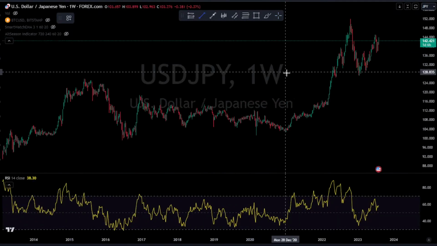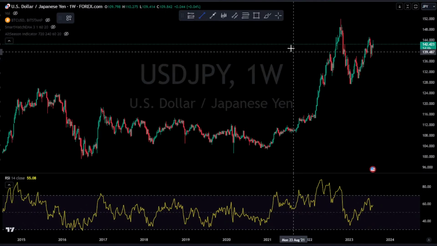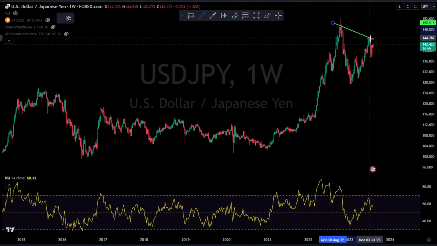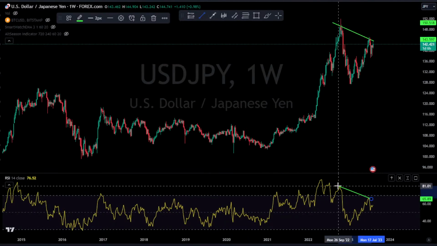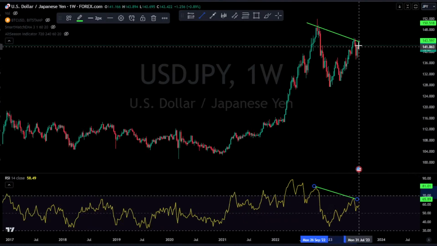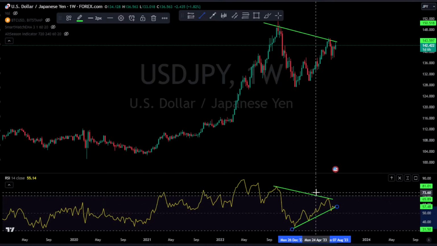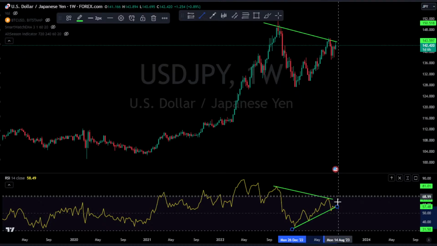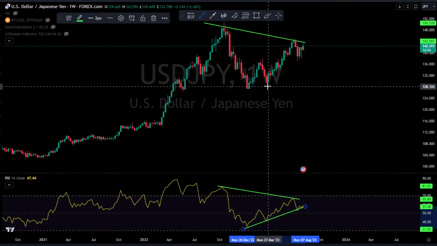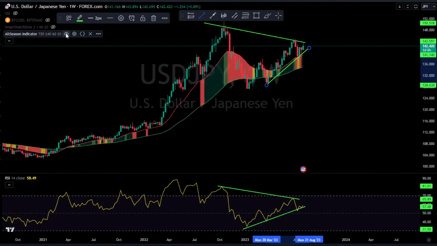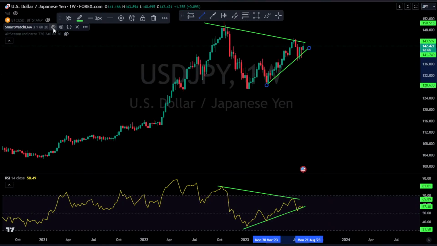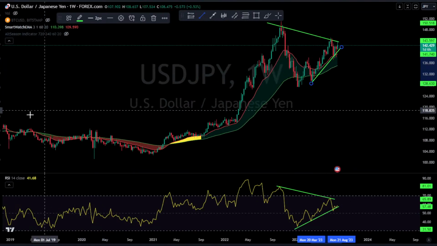So I'm going to start off with the long-term indicators, and to me this is a bearish divergence right here. And my system has me start to zoom in on the levels to see where the exponential moving averages start to cross over and give us our signals.